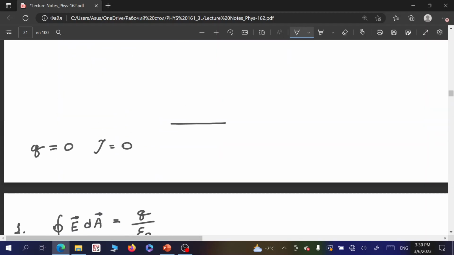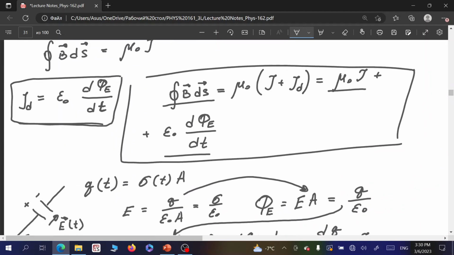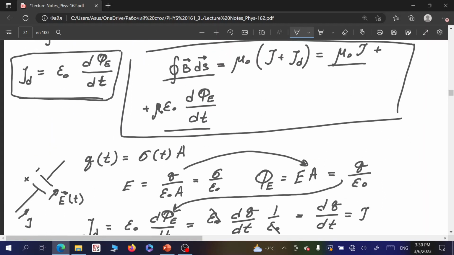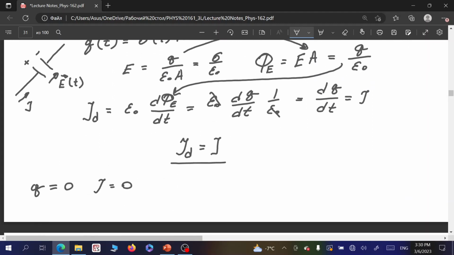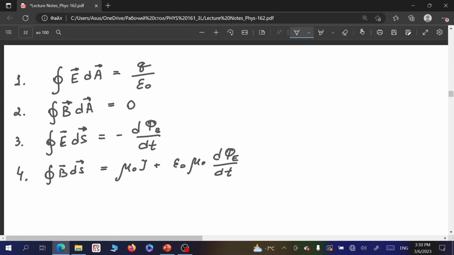I forgot to put mu naught. Yes, we open this parenthesis because mu naught multiplies both terms. So this is the Ampere-Maxwell equation, which we discussed at the beginning of this lecture.